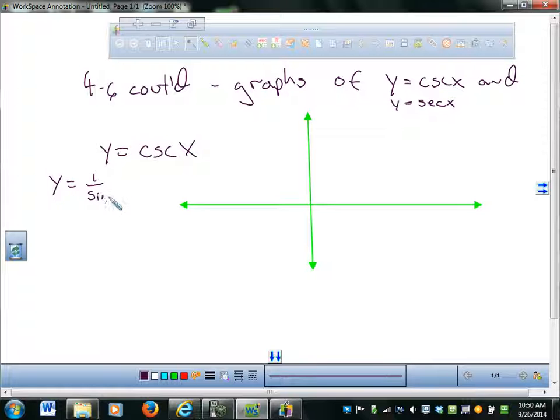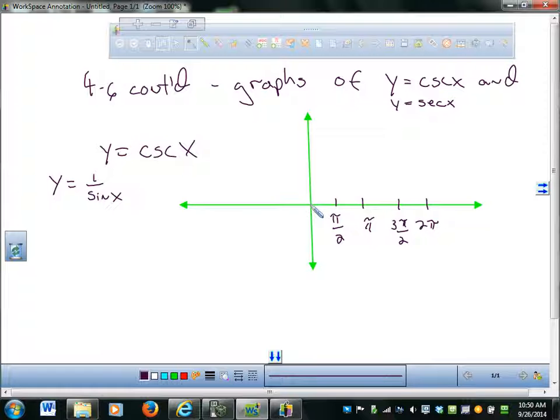And if I'm plotting points from 0 to 2 pi, say this is pi over here, 2 pi, and we'll put a pi over 4, pi over 2, and then a 3 pi over 2 there.